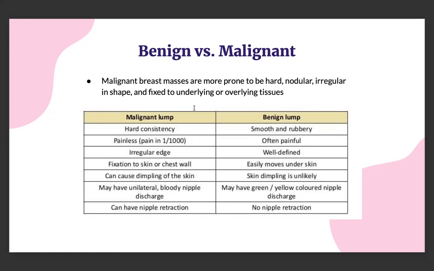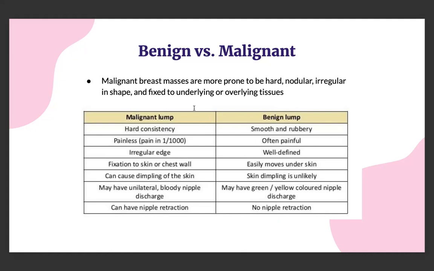So when we found our patient, the first thing she actually noticed was a breast mass that had episodes of pain. And so when we first see that type of case, we're already thinking we need to check if it's benign or malignant.